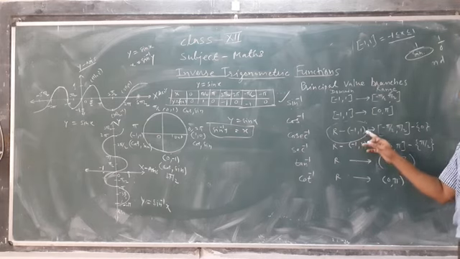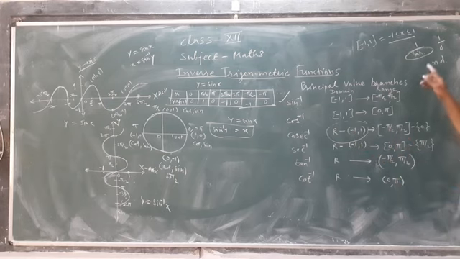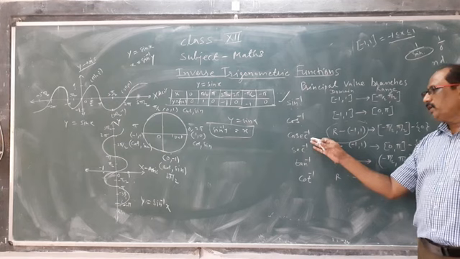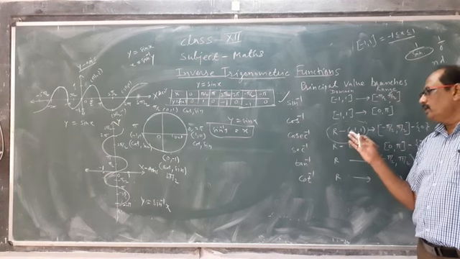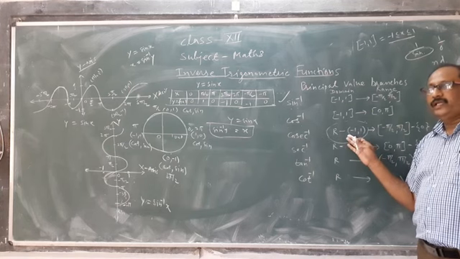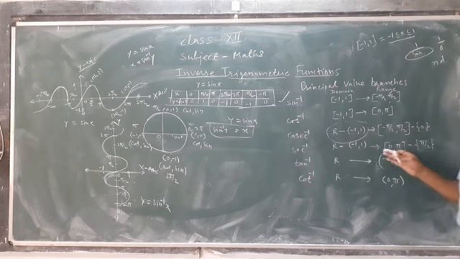For sin at these values the function will be 0, and 1 upon 0 is not defined. Therefore the domain of cosec inverse is all real numbers except -1, 1, and the range will be -pi by 2 to pi by 2 except 0.